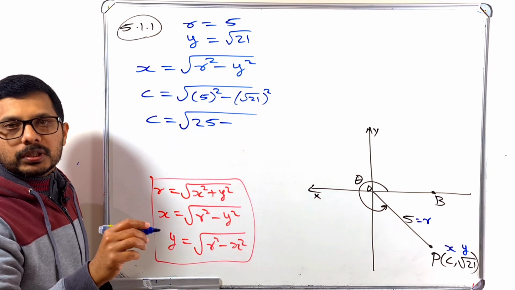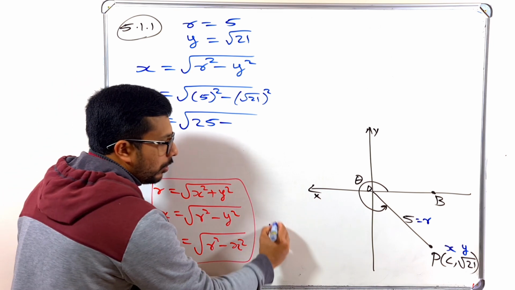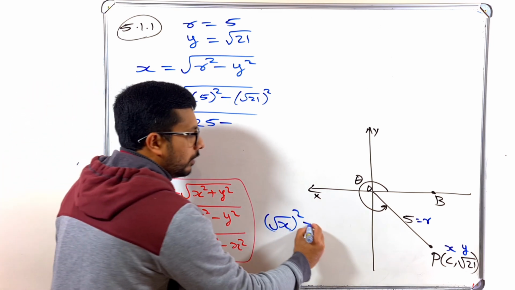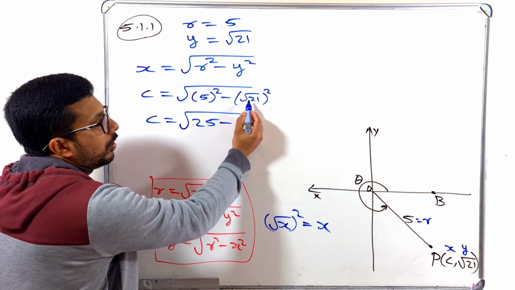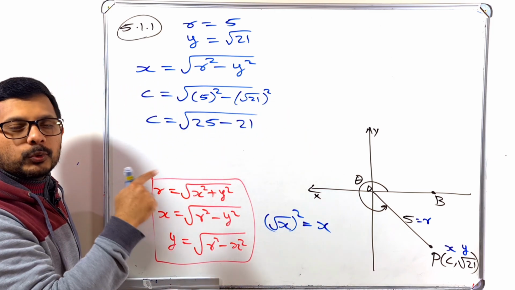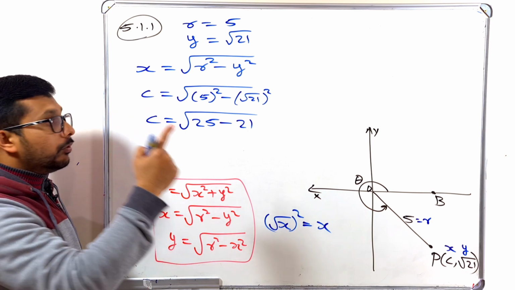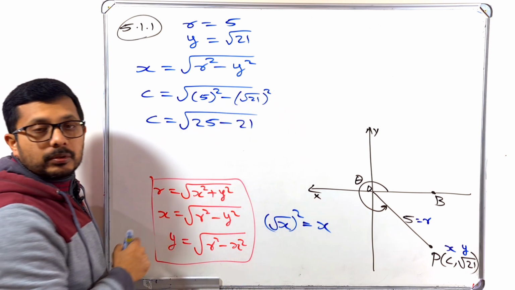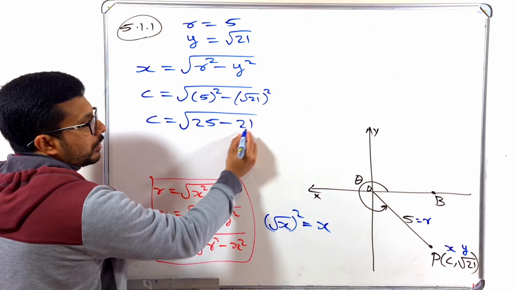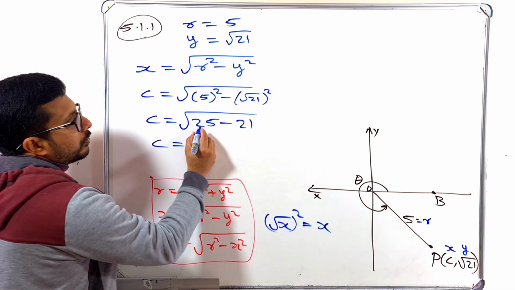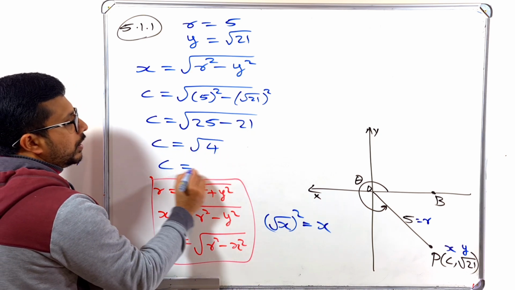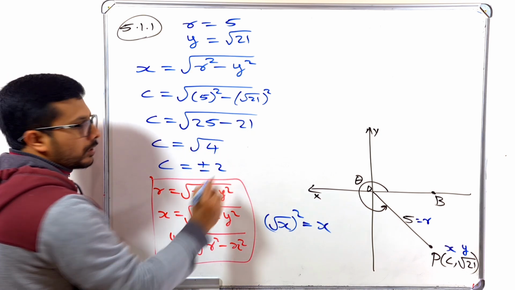When you square a square root, you have to remove the root. So root 21 square is 21. So C is equal to root of 25 minus 21, which is root of 4. So C is equal to plus or minus 2.